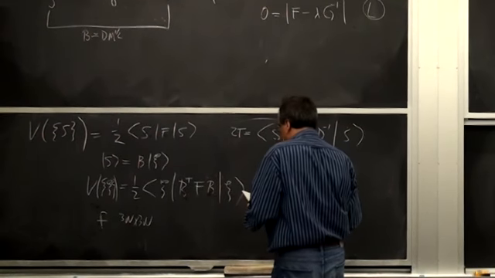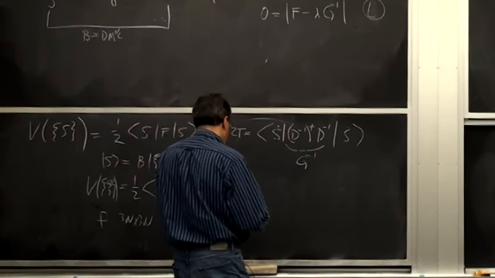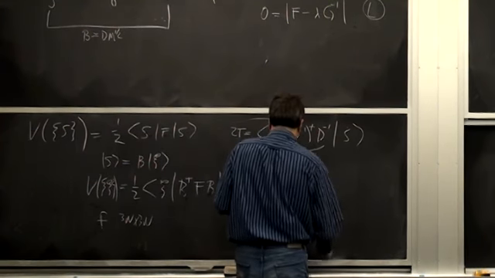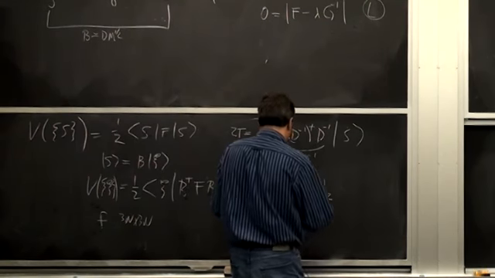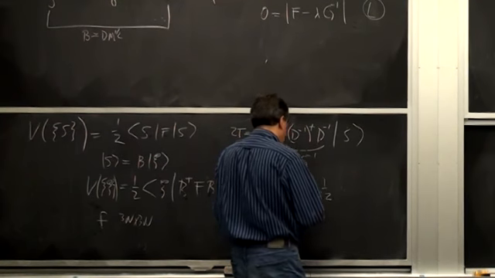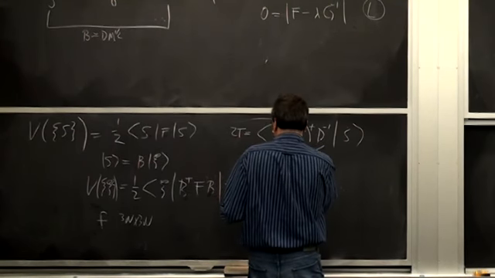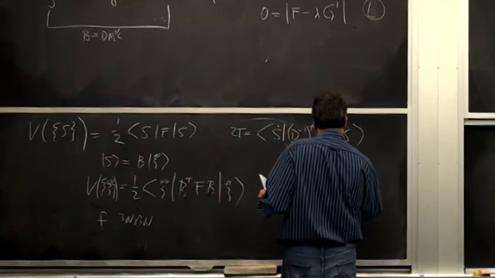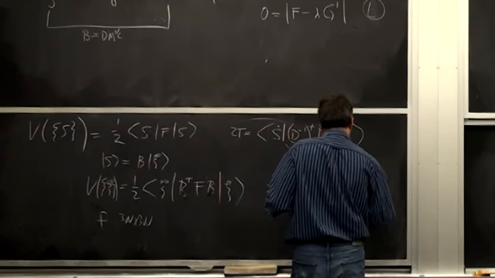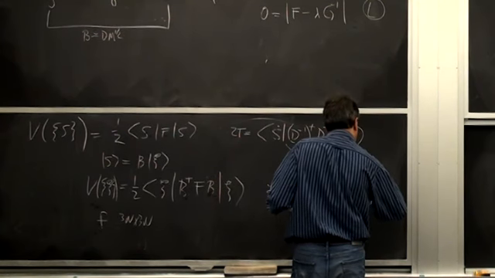So let me just write one more equation. The Lagrangian, which is T minus V, gets written as 1/2. The first term is the kinetic energy, and it's a sum over i and j of G minus 1 i j s i dot s j dot.